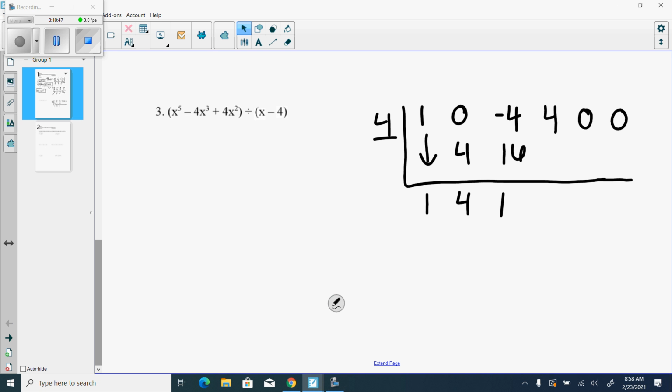good. And then we got to multiply again, right? So 12 times 4 is, good. And 4 plus 48 is 52. Okay? And then 52 times 4 is, good.